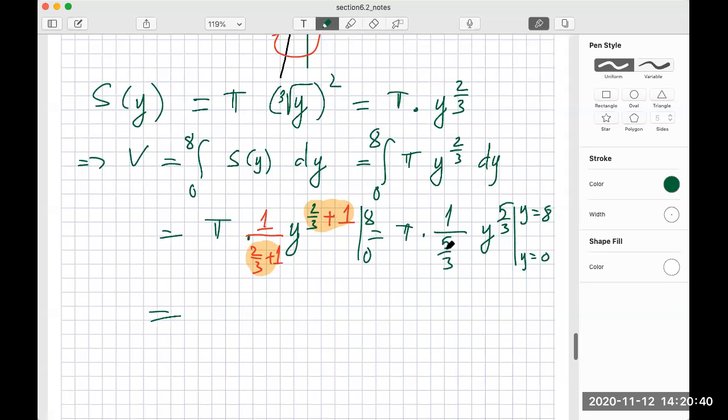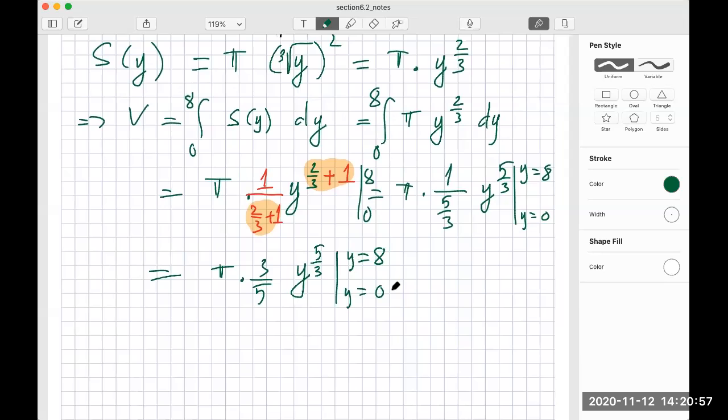It would be pi multiplied by the reciprocal of 5/3, which is 3/5, y to the 5/3, from y equals 0 to y equals 8. So from this, we can easily compute that it becomes 96 pi/5.